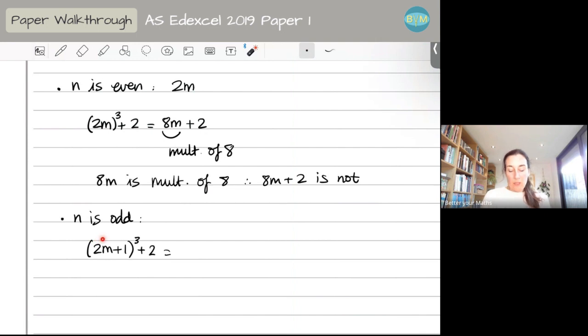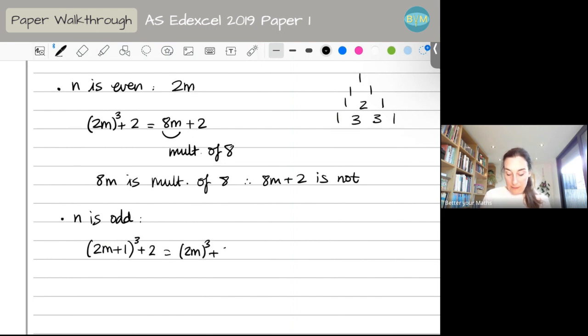To cube a binomial, you can use a binomial expansion, you can multiply the brackets, or you can use Pascal's triangle. I like using Pascal's triangle, remember, for the coefficients, because I think it's the fastest. So we are going to have the first coefficient with 2m to the power of 3.